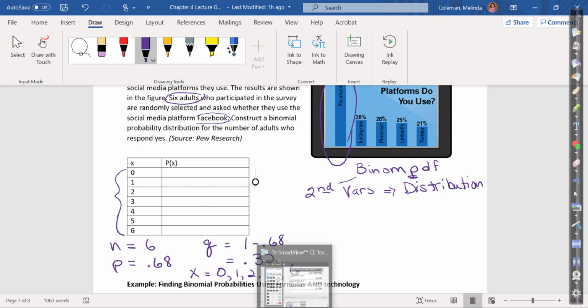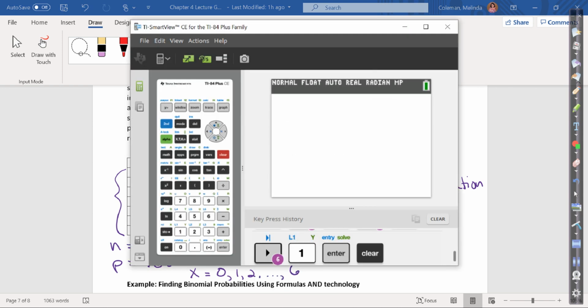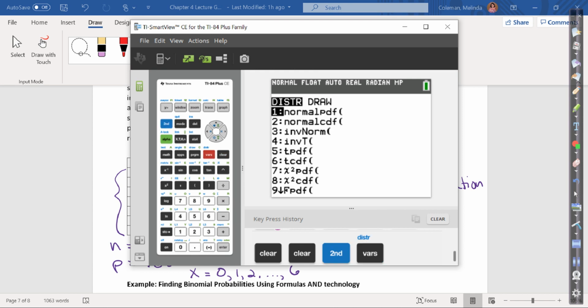So if I get to my calculator, clear this. All right, here's my vars key. You notice above that vars key, written in blue on this calculator, is distribution. So I'm going to hit second, vars. Now I have a whole bunch of different functions to choose from.